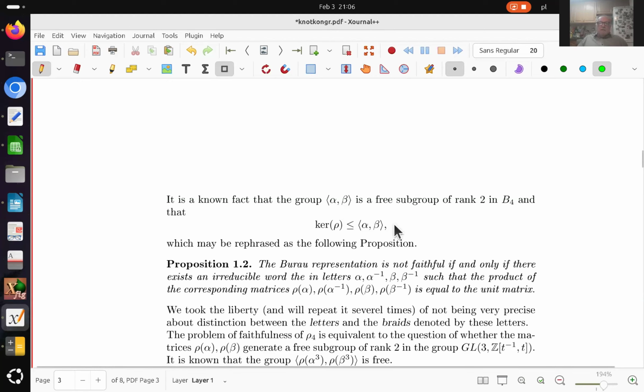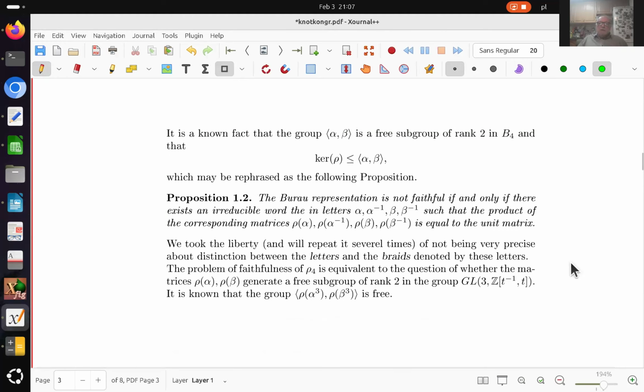That has been known for many years. I think that the first time it was announced, it was given in Joan Birman's book about braids, I think published in 1970-something.